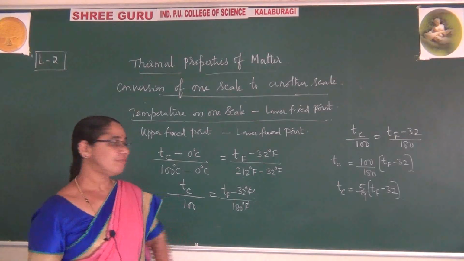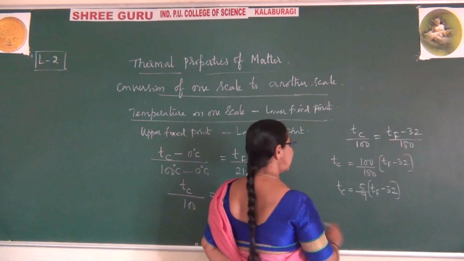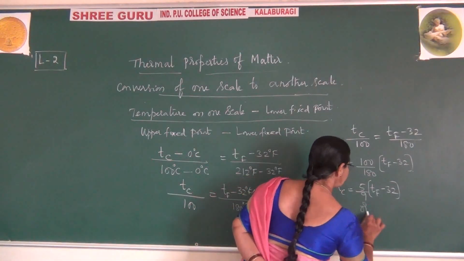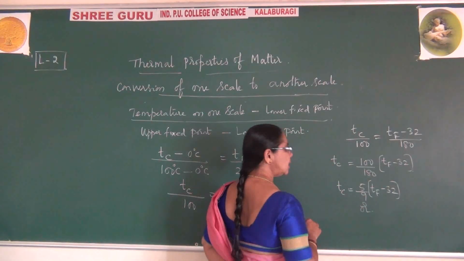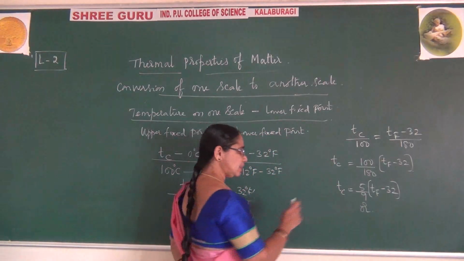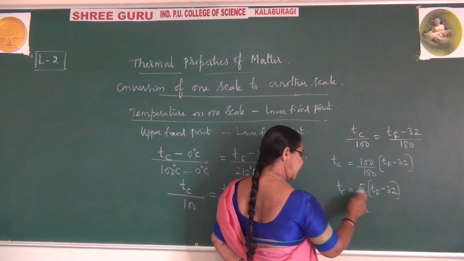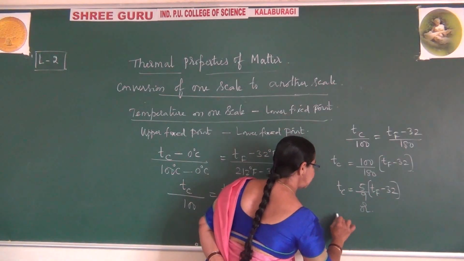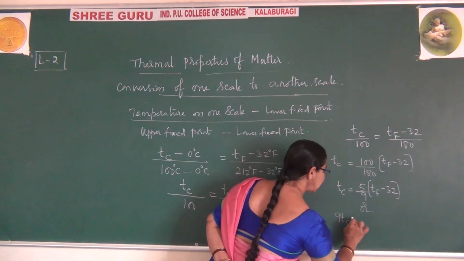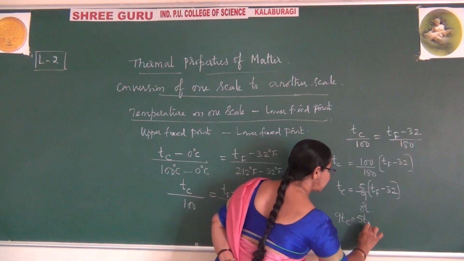Now if you want to write for the Fahrenheit scale, I will keep this Tf as it is here. I take 9 Tc is equal to 5 Tf.